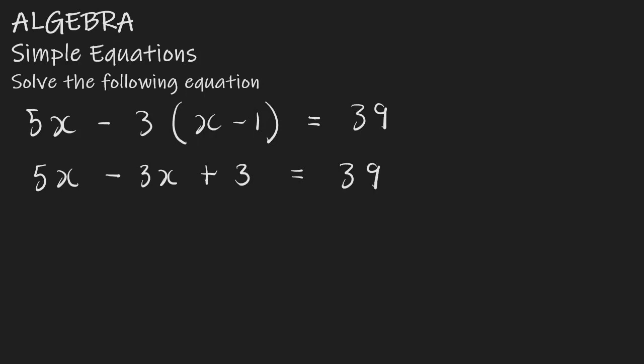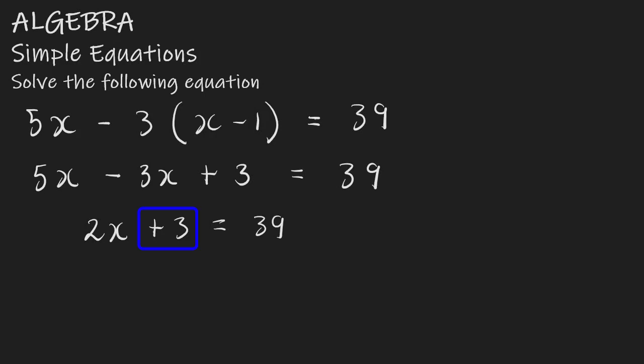Here we can simplify our like terms. So 5x minus 3x, that is equal to 2x, plus 3 is equal to 39. I want the x term alone on the left-hand side of the equal sign.